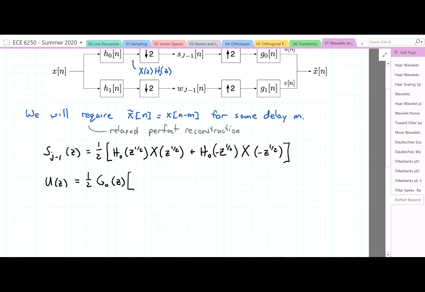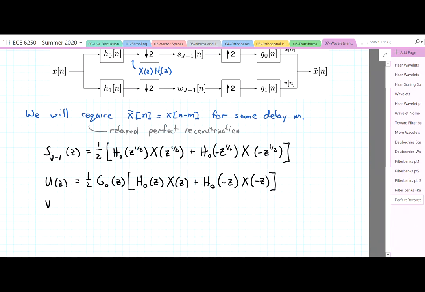Now, where before we had z to the 1/2, remember when we upsample, we just get z squared, so this is going to be H0 of z X of z plus H0 of negative z X of negative z.